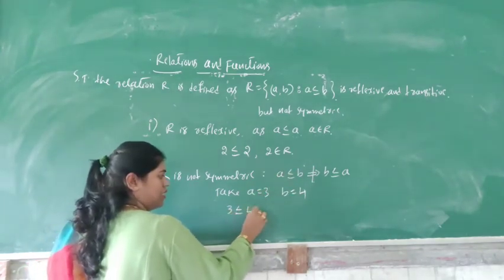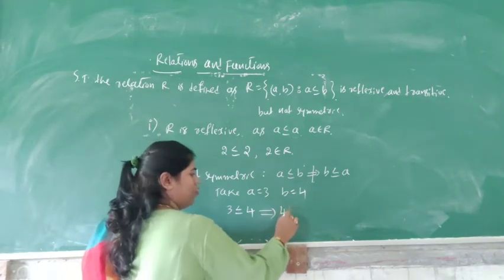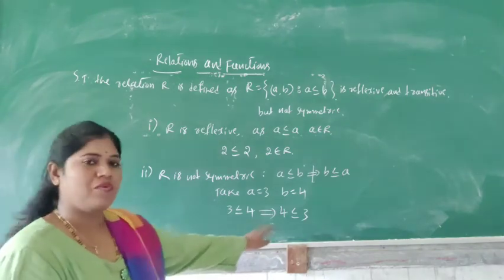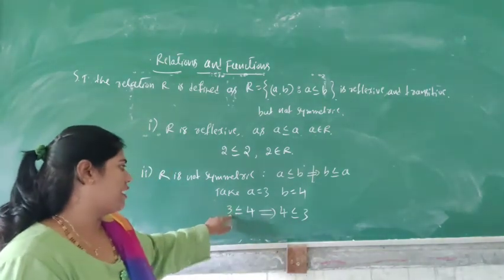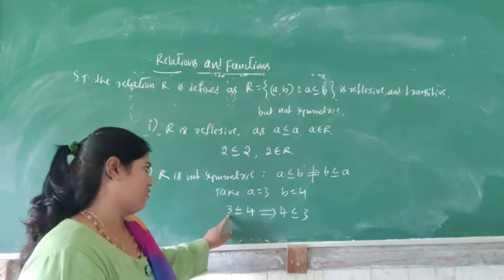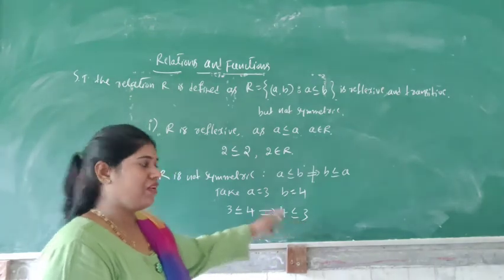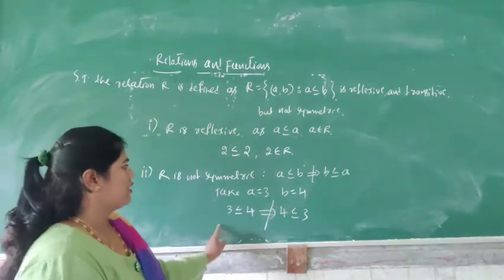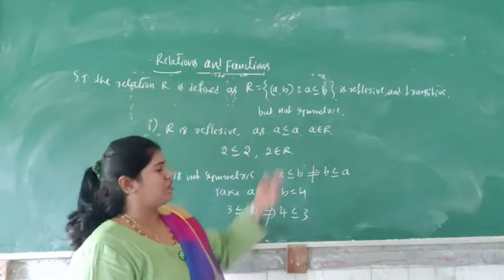3 is less than or equal to 4. Of course, 3 is less than 4. Is 4 less than or equal to 3? No, it does not imply. We can give the counter example for this problem.